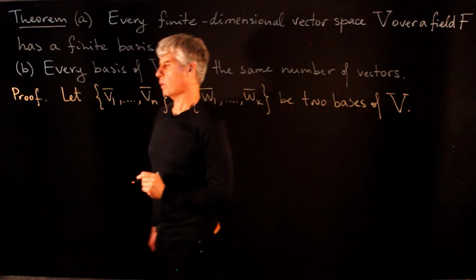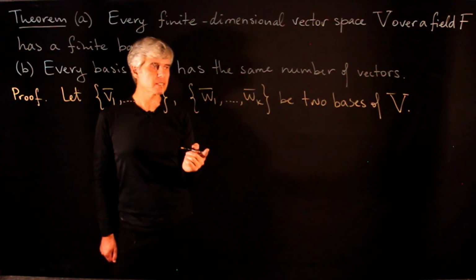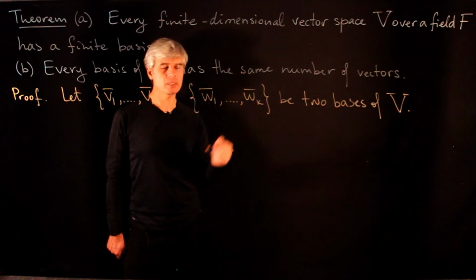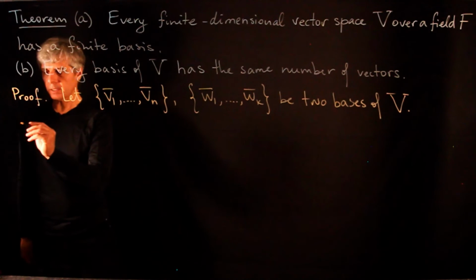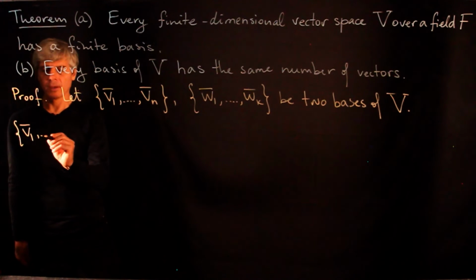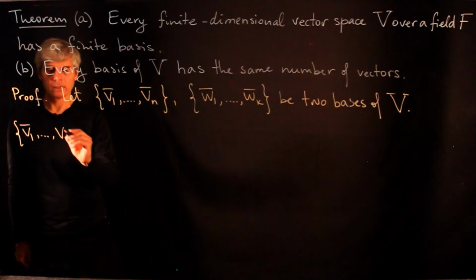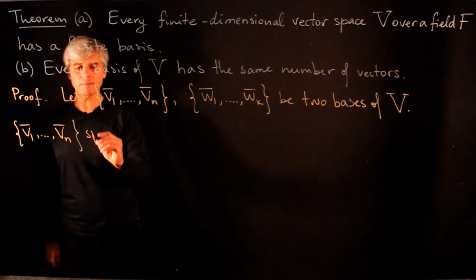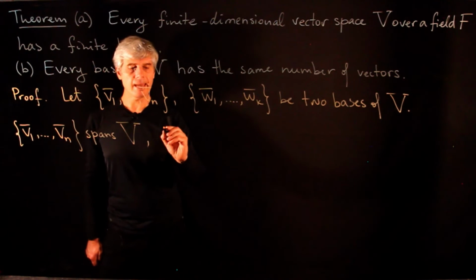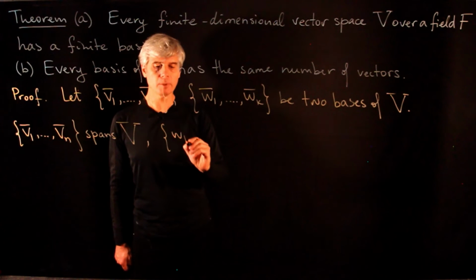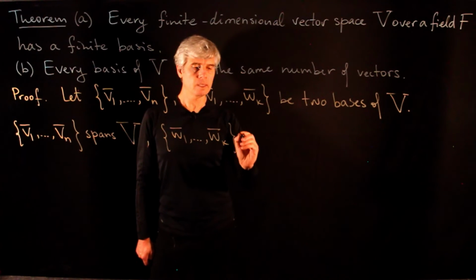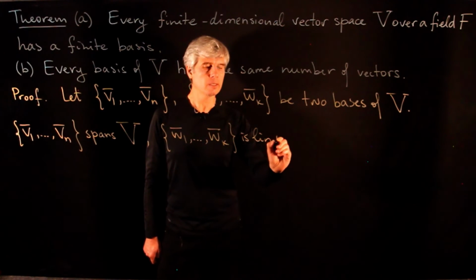So then what do we know? A basis is a set that is linearly independent and spans the space. So in particular, the first set, v1 through vn, spans V, and the second set, w1 through wk, is linearly independent.